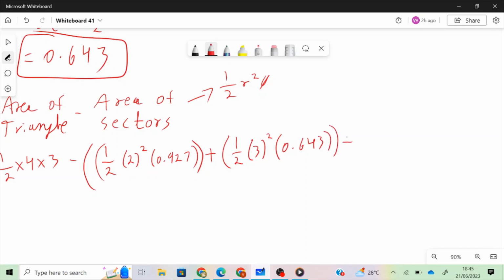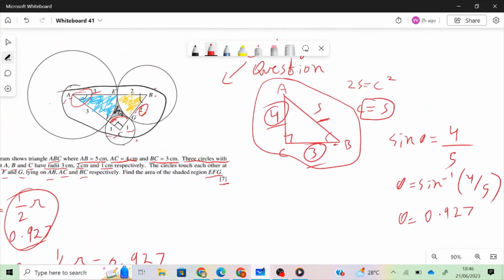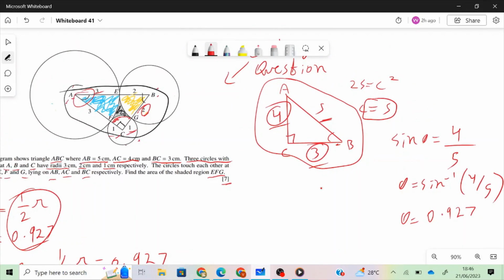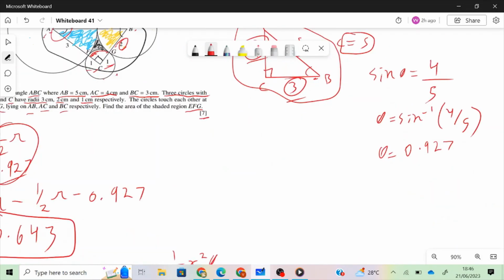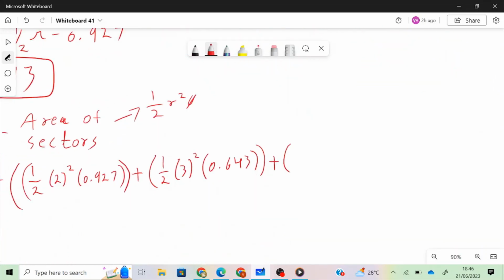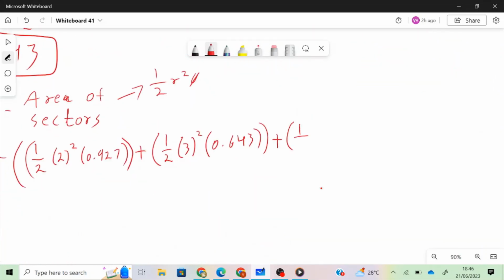Close this, plus the next sector, that's the final sector. The radius is 1, I believe. Yep, 1. And it's a right angle, so your theta over there is simply 1 over 2 pi, plus half into 1 squared into 1 over 2 pi.